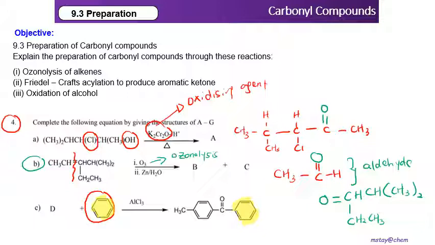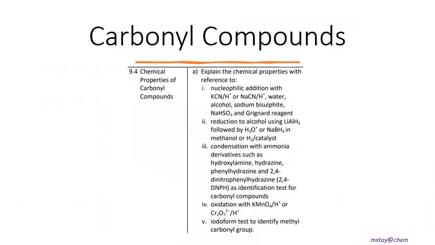Then we know structure D will have the CH3 attached to the benzene ring, and then it should have C double bond O, and then we have to add on Cl, because we know this is Friedel-Crafts acylation. So it means that it will react with acyl chloride. Okay, so we are done with the questions, which are very direct on the preparation of carbonyl compound.